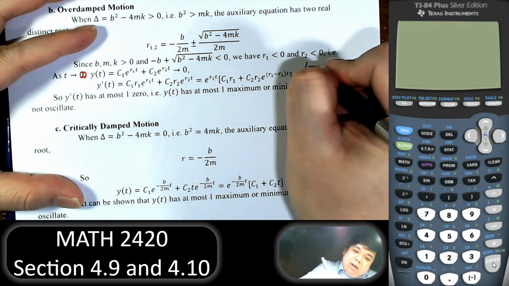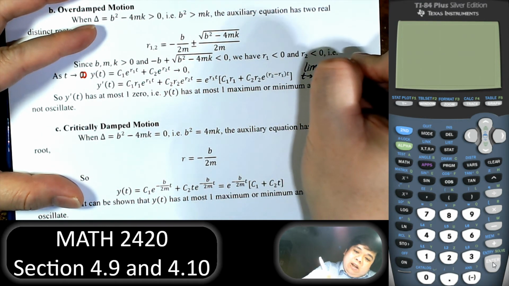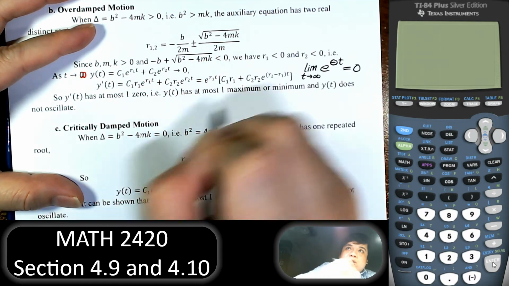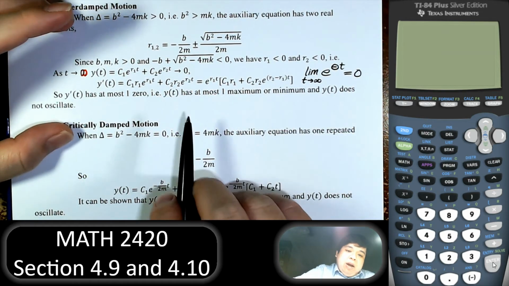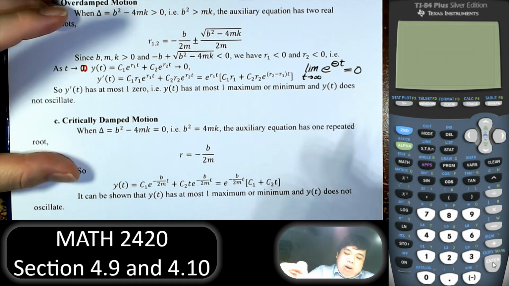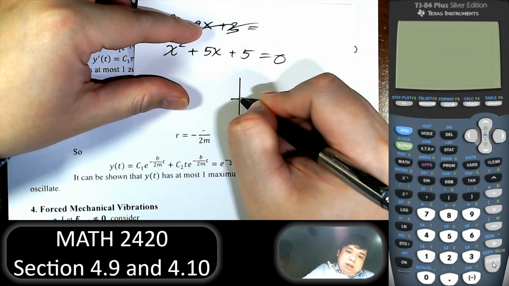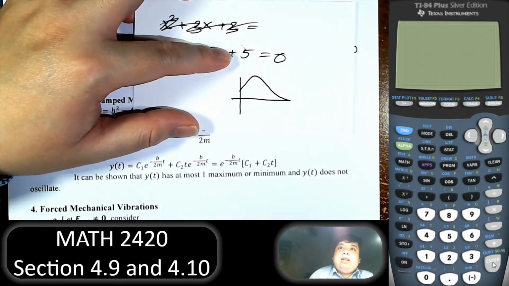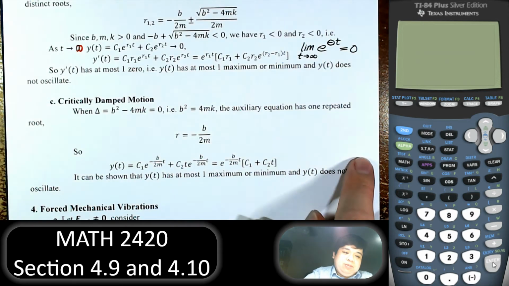The limit of e to something negative times t as t goes to infinity will go to 0. So in that case, it will have at most one maximum or one minimum. If I try to draw it, it might be just like that. It's not going to vibrate, and it approaches 0.